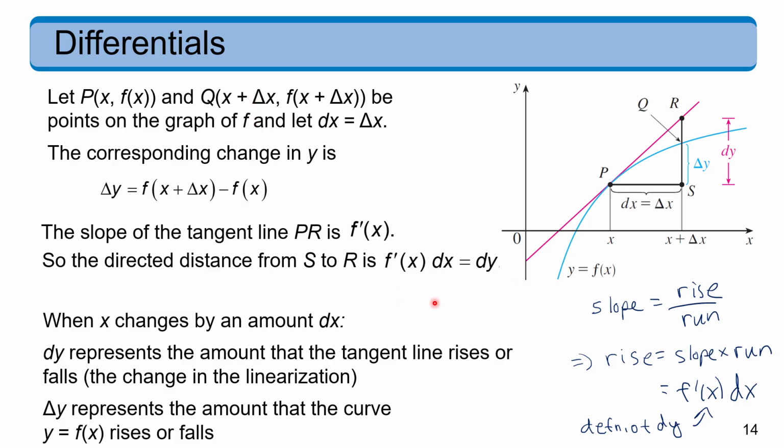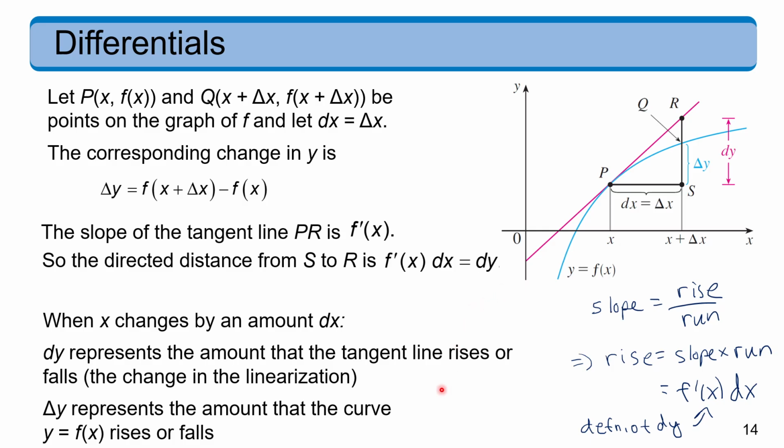We proved that the dy, as I described it here, the change in the y coordinate where we use the original point and then the new point on the tangent line rather than using the function itself, we're calling that dy. That distance is measured exactly by this formula, which is the definition of dy.